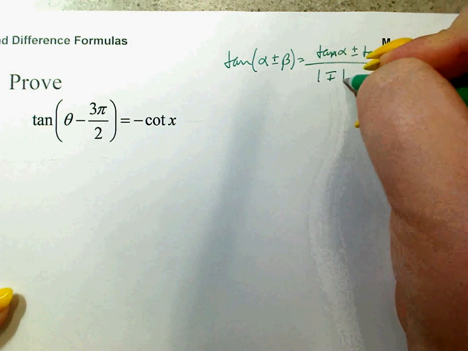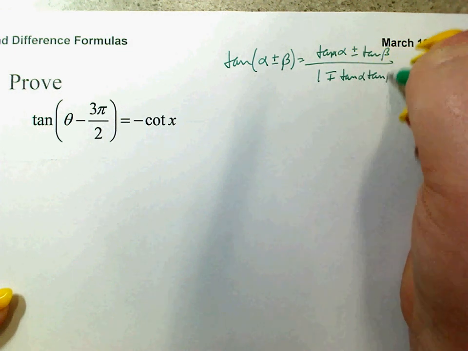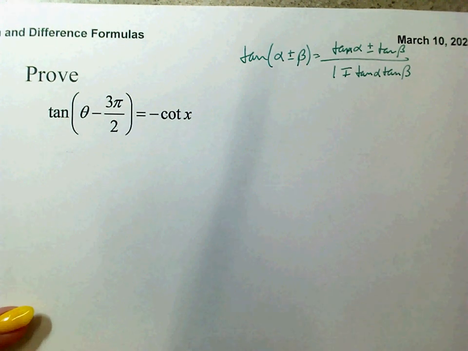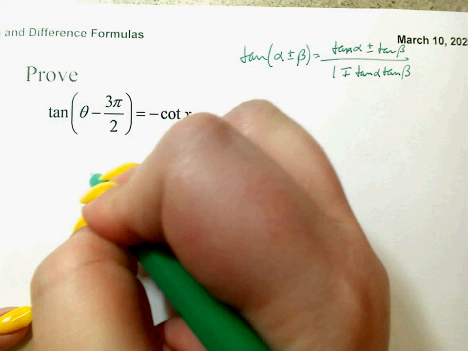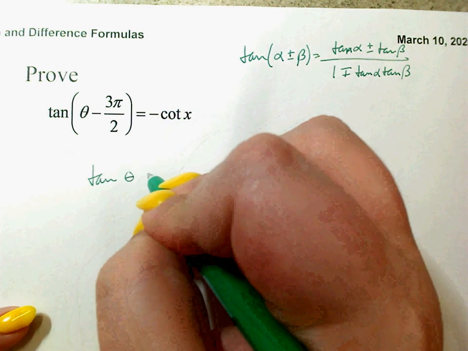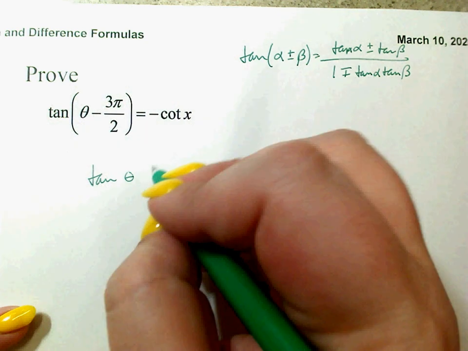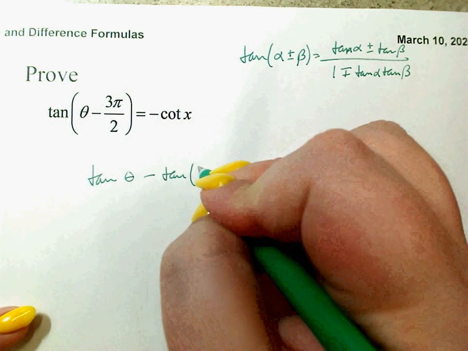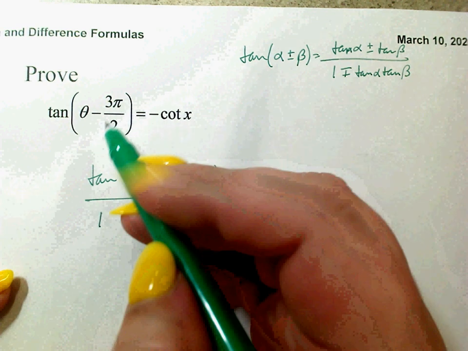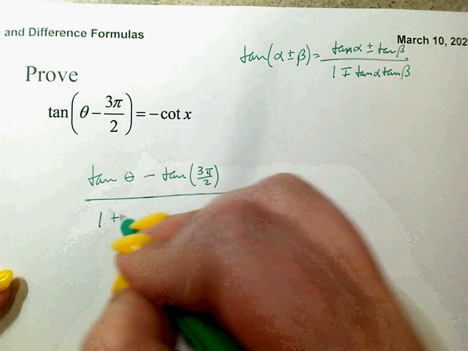So my alpha is going to be theta and my beta is going to be 3 pi over 2. So tangent of alpha, which is theta, minus tangent of 3 pi over 2, divided by 1, this is minus, so this is plus, these two. So tangent theta, tangent of 3 pi over 2.